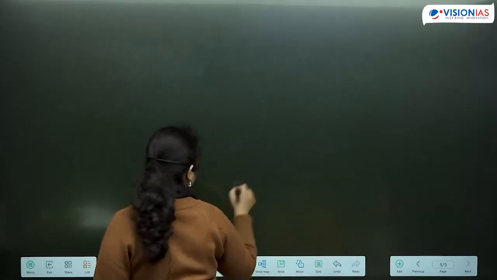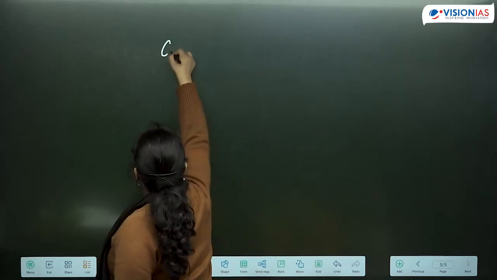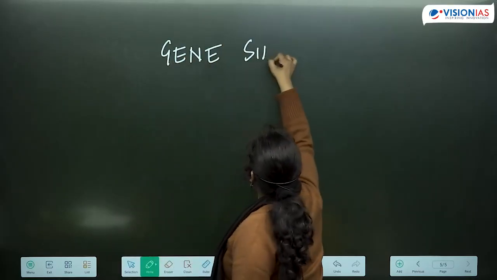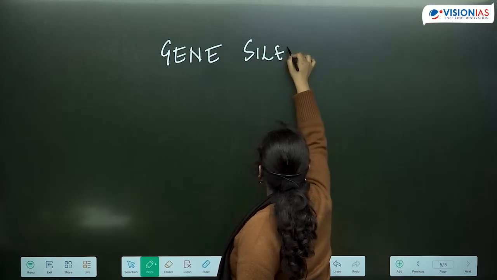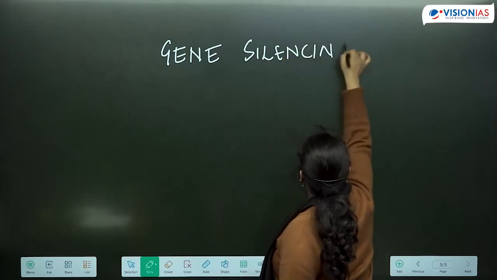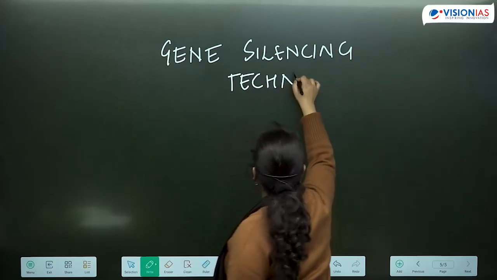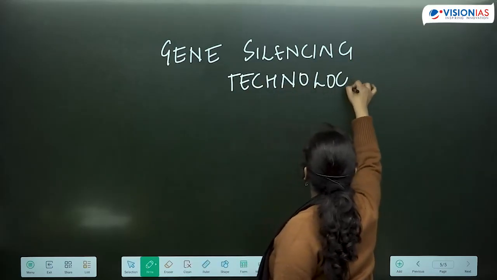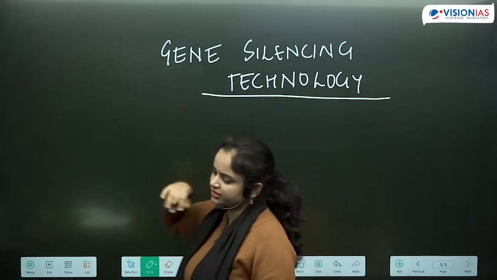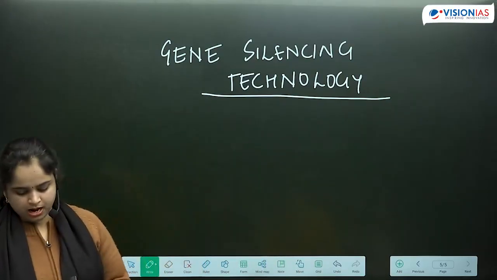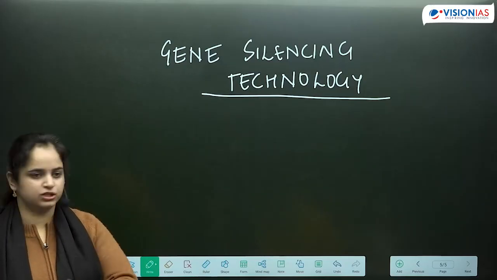So this is a natural mechanism of the body which we have now developed into a technology called gene silencing technology. So this happens naturally, but now with its use, we have been able to apply this to various situations.